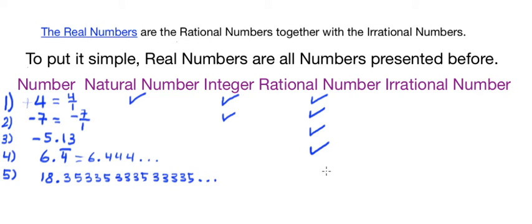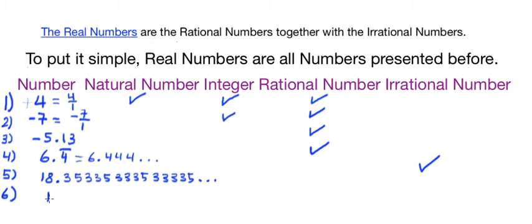It is not a rational number because it's non-terminating, non-repeating. Even though there is a pattern, it's non-terminating, non-repeating. There is no way to place the bar on top of any of these numbers in the decimal expansion. So this must be an irrational number.